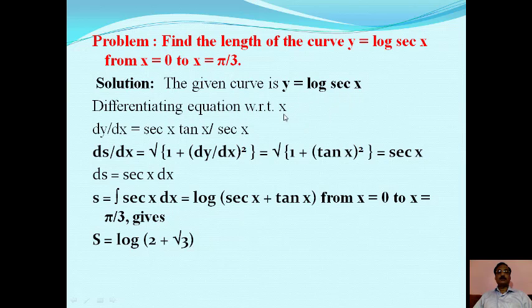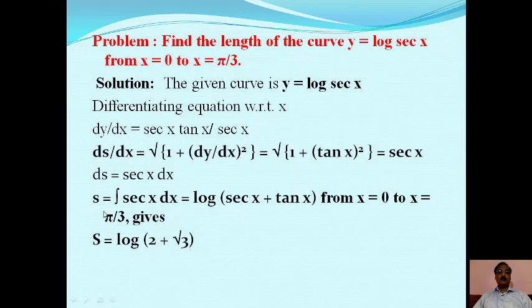Differentiating with respect to x, dy over dx equals sec x tan x over sec x, which gives tan x. ds over dx equals root of 1 plus (dy over dx) squared, which gives root of 1 plus tan squared x. Since 1 plus tan squared x is sec squared x, the root gives sec x. So ds is sec x dx.